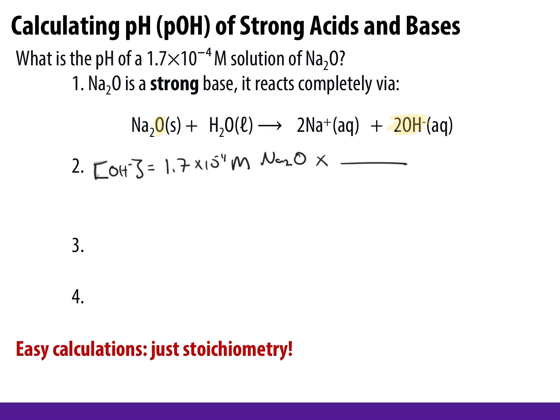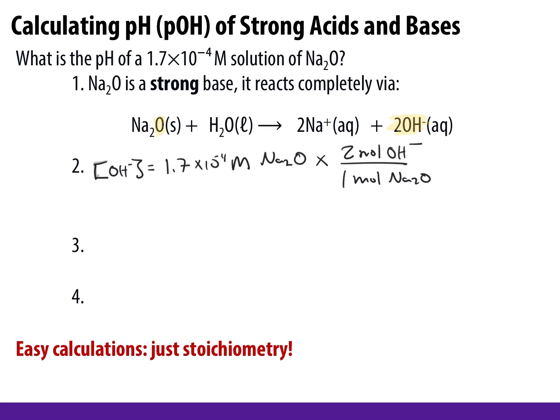So to get that concentration, I can start from the concentration of the Na2O, 1.7 times 10 to the minus 4 molar Na2O, but I want the concentration of OH minus, so I'll do a stoichiometry conversion on that. So times 2 moles of OH minus for every 1 mole of Na2O.